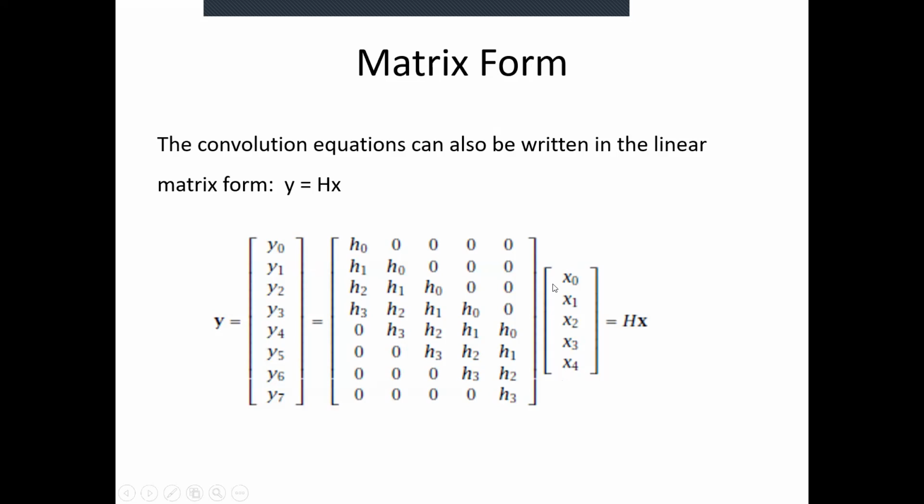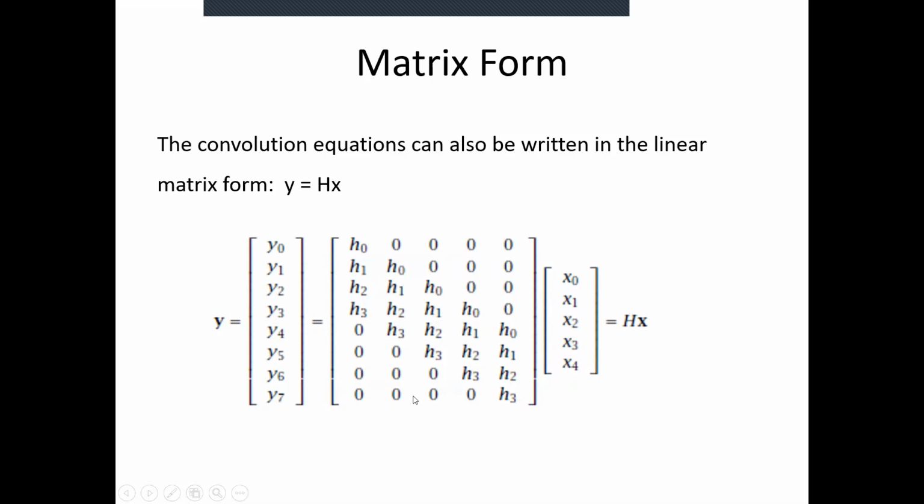So the number of columns of h must equal the number of elements of x. Well, h naught, then we have h1, h2, h3, h naught shifting by 1, shifting by 2, shifting by 3, and shifting by 4.